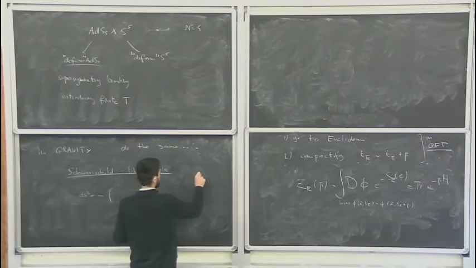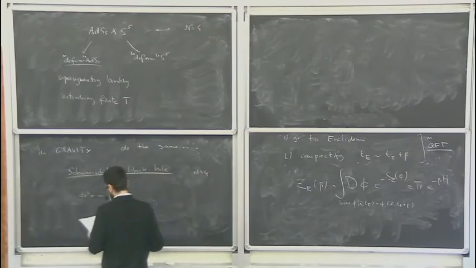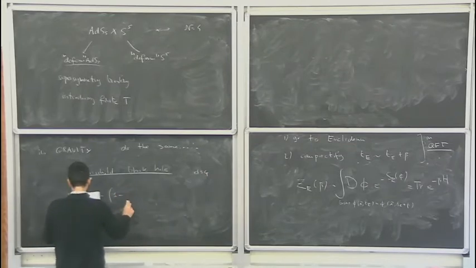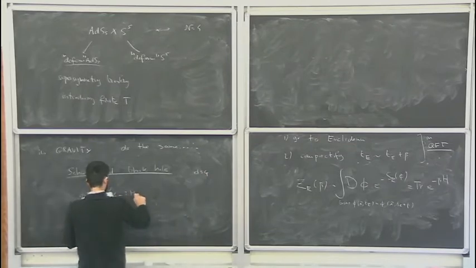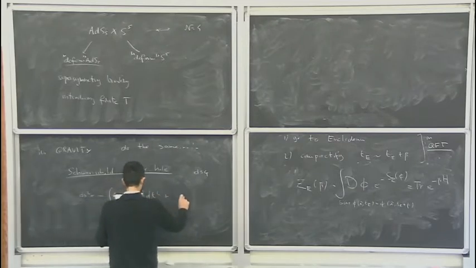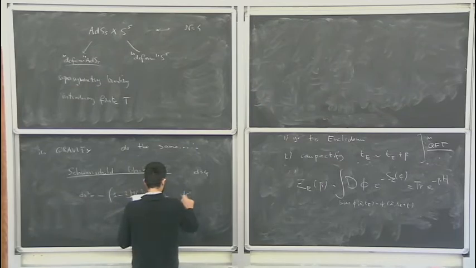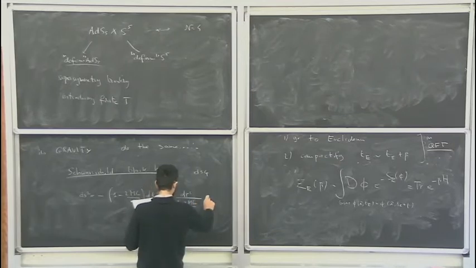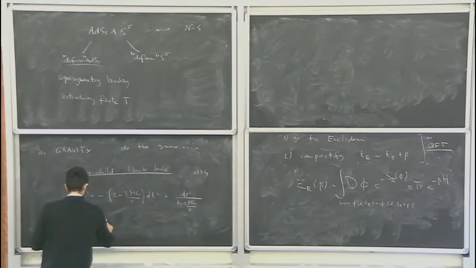So back then, everything was four-dimensional. minus (1 minus 2MG over r) dt squared plus dr squared over (1 minus 2MG over r) plus r squared times the round metric on the two-sphere.